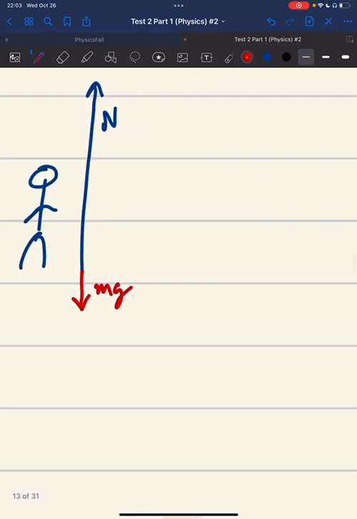So in this case, the equation is different, because of the N being more positive and the mg being more negative, it will be plus newtons minus mg.